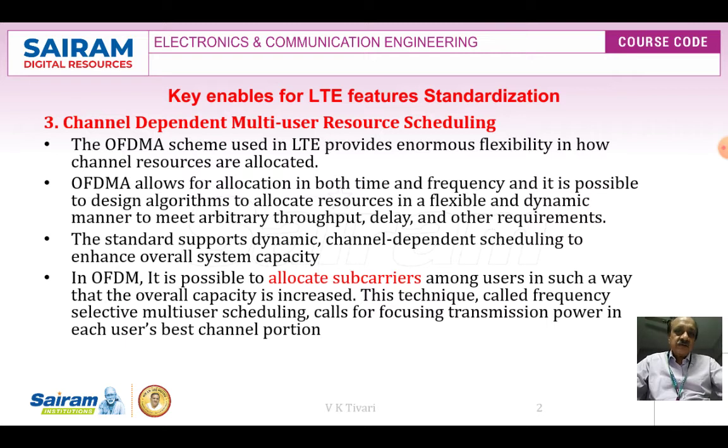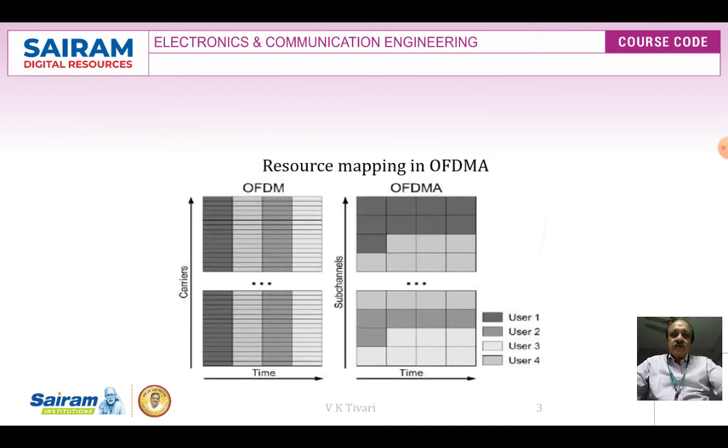I told you that also. This technique, called frequency selective multi-user scheduling, calls for focusing transmission power in each user's best channel portion. You see the figure, that is resource mapping in OFDMA.